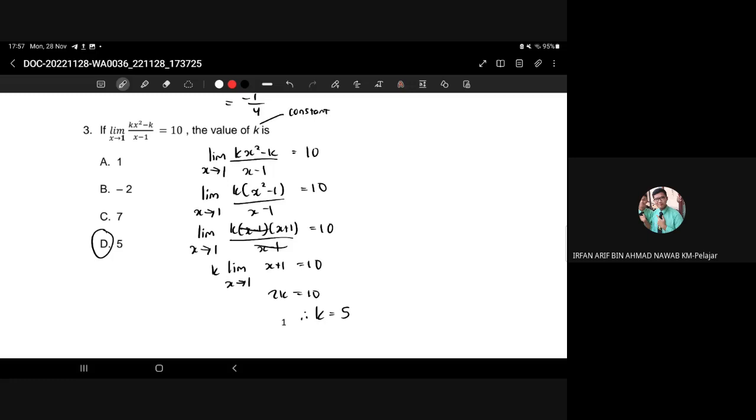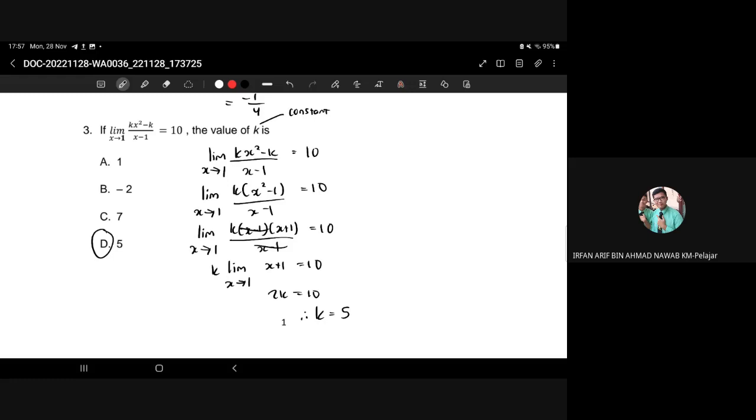So refer back to the notes that I sent in the group, if you recall back, this one. So this is a cool map, a method on how to plan ahead on evaluating your limits. So you could refer back to the map that I shared in the group.